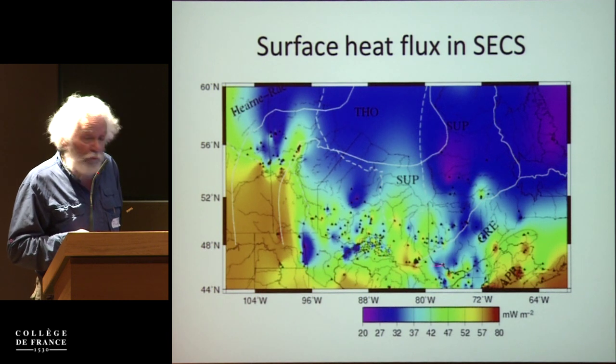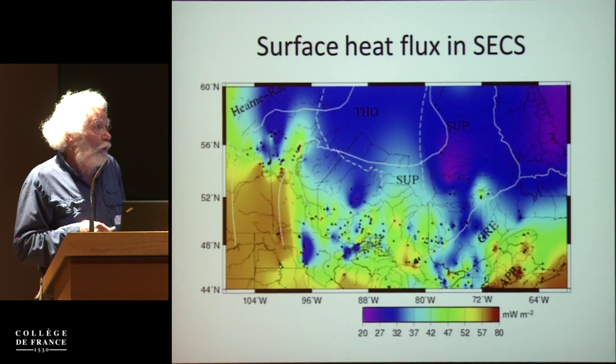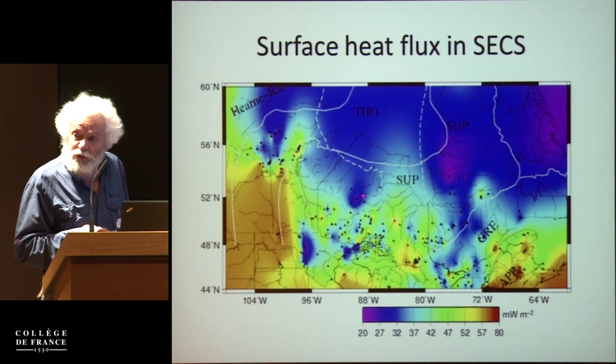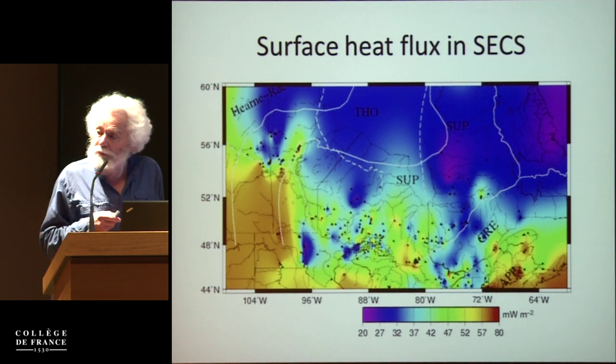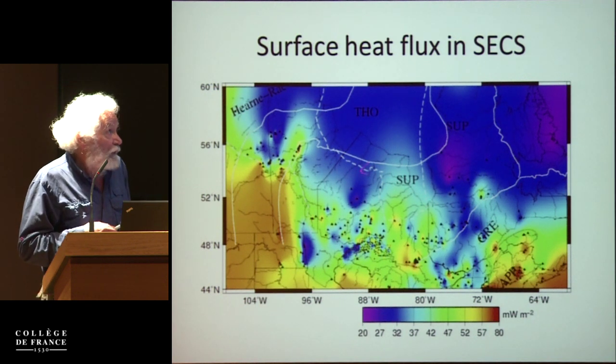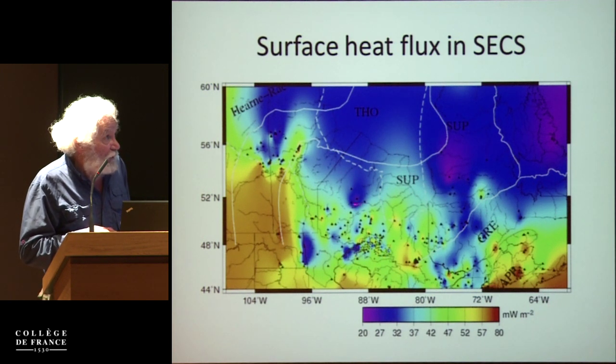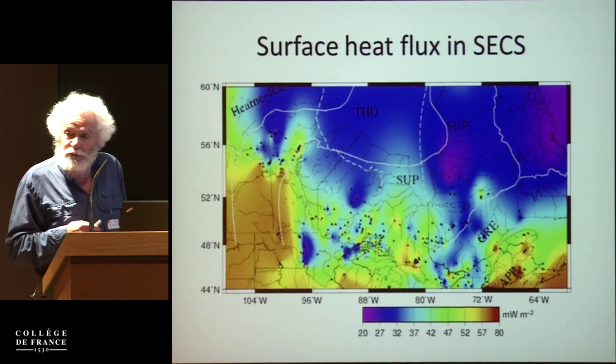And you see there is quite a bit of variability. We have both small short wavelength variations in surface heat flux that are essentially due to variations in surface heat production. Okay? But we also seem to have long wavelength trends with increasing or decreasing heat flux to the north of the Superior Province, and possibly a decrease in heat flux to the east, from the western to the eastern side of James Bay.